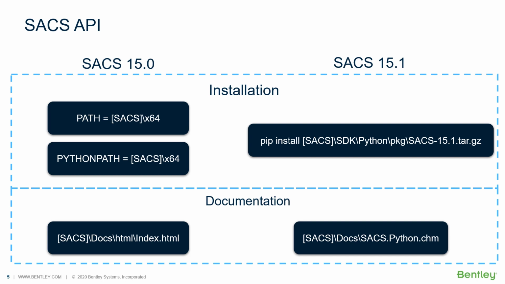Note that if you have previously installed SACS 15.0 and override it with SACS 15.1, you should consider deleting the Python path environmental variable to avoid any issues. More details on installation are available in the documentation at the indicated locations if you need a more detailed reference.